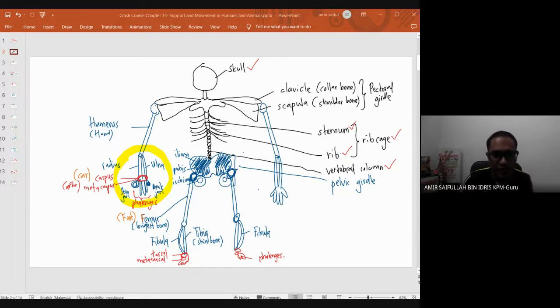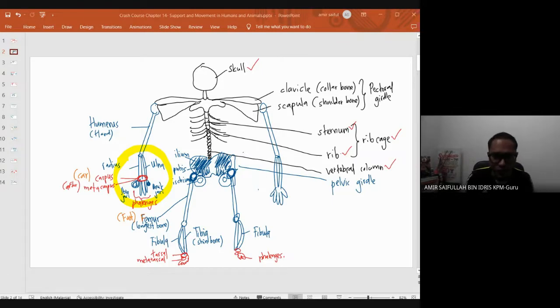Then sama macam tadi kita ada carpus, kalau dekat kaki punya dia panggil tarsal. And then lagi bawah metatarsal. And then all your fingers at the leg is called phalanges. Same. Itu sahaja. That is all for the bone.